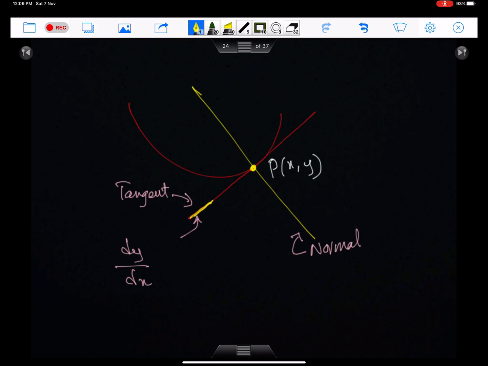Therefore, the gradient of tangent is always represented by dy upon dx, and the gradient of normal is the inverse reciprocal of the gradient of tangent, because normal is always perpendicular to the tangent. So let's suppose if dy upon dx is 3 upon 2, then the gradient of normal will be inverse reciprocal of 3 upon 2, which is minus 2 upon 3, because normal is always perpendicular to the tangent.